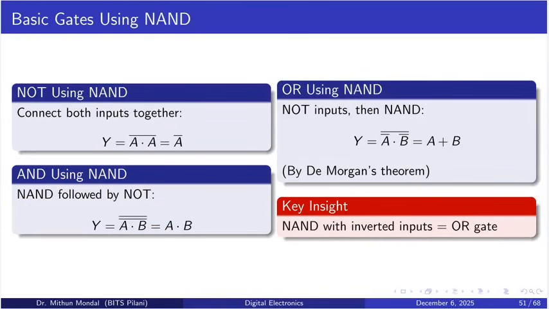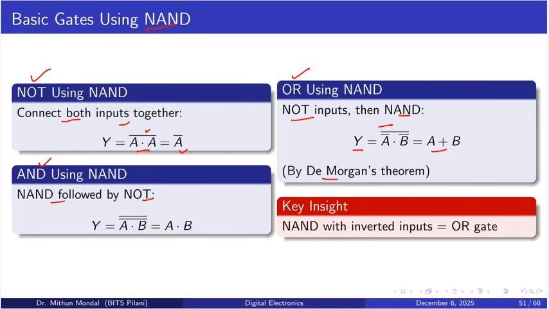Let us first understand how we can obtain the basic gates such as NOT, OR, and AND using the NAND gate. For the NOT gate, you connect both inputs of the NAND together. So you have A dot A, and then you apply the complement, you get A complement, that is the output Y. For the OR gate with inverted inputs, NAND gives Y equal to A bar dot B bar, and then overall we are using the complement, which is A plus B. So this is in accordance with De Morgan's theorem.